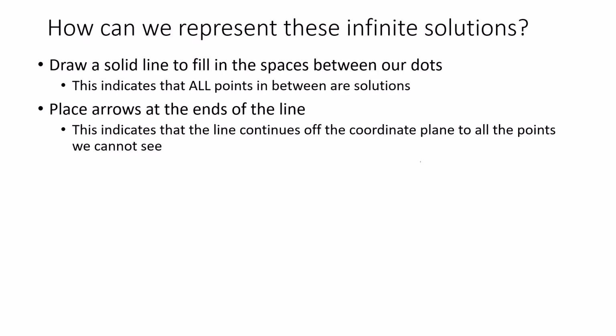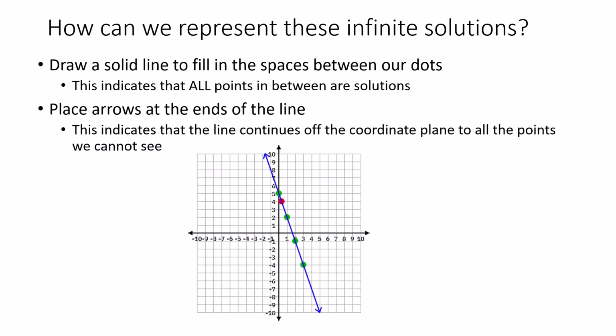In that last example, we had several dots that were together and then one dot that was way off. We don't necessarily want to have to draw the coordinate plane big enough to see that. So we draw arrows at the end, and that just indicates that the graph continues on.